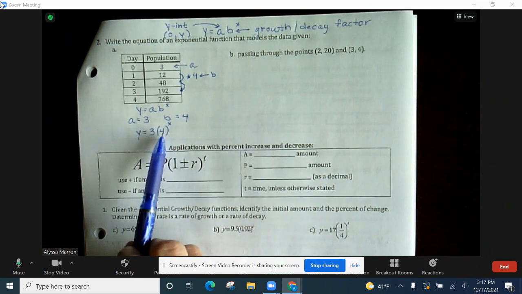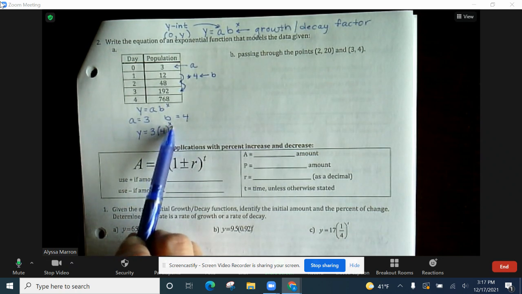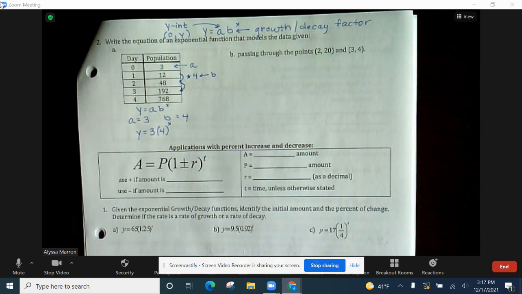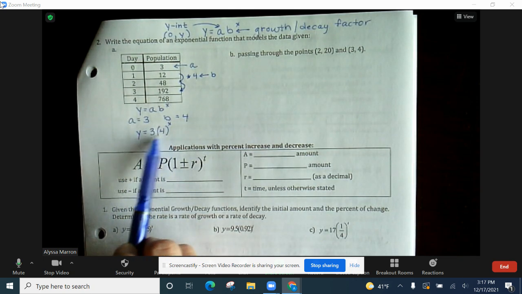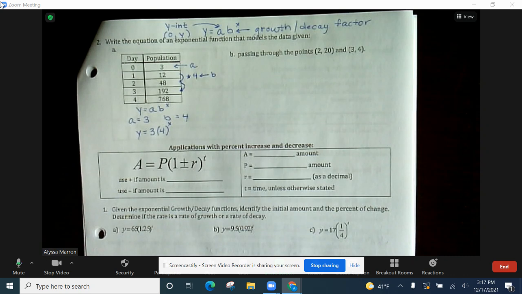We often put that base in parentheses, even if there's no parentheses seen to be there, that base is the only thing that's being raised to that exponent. So you would never multiply the 3 and the 4. Those can't be multiplied because 4 is being raised to the x, 3 is not being raised to the x. So that would be your final function.